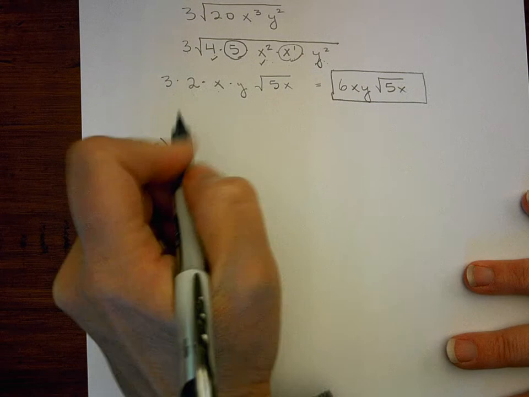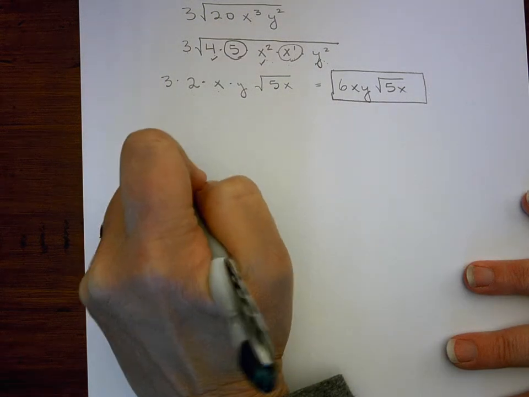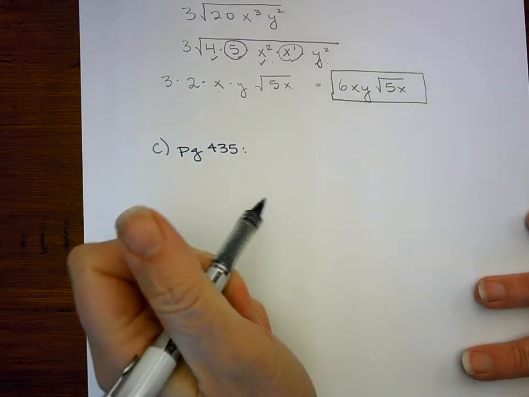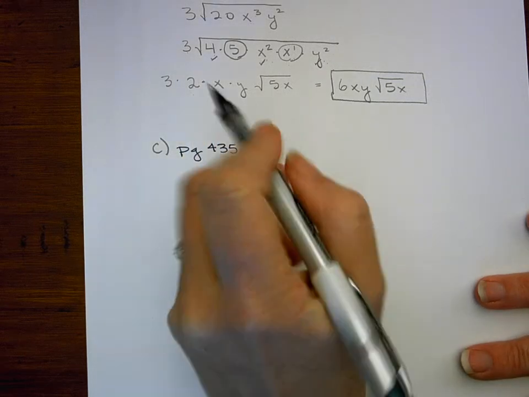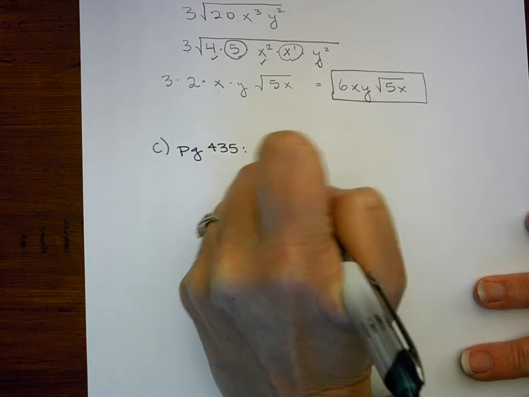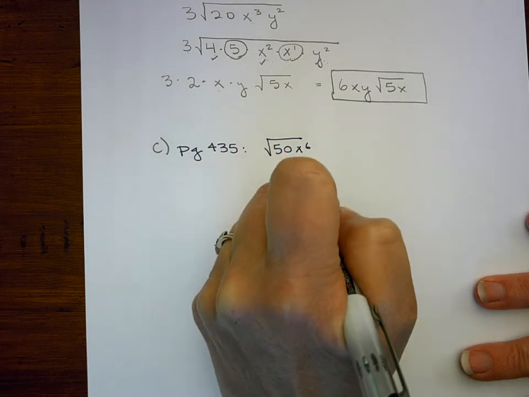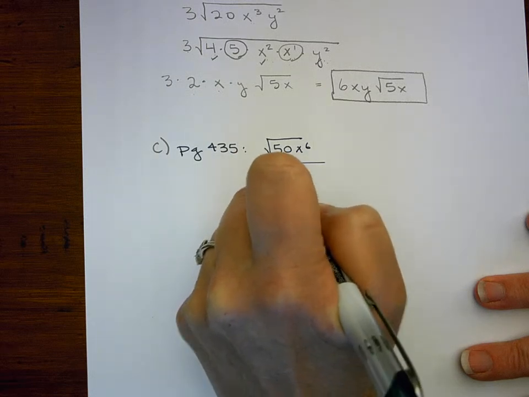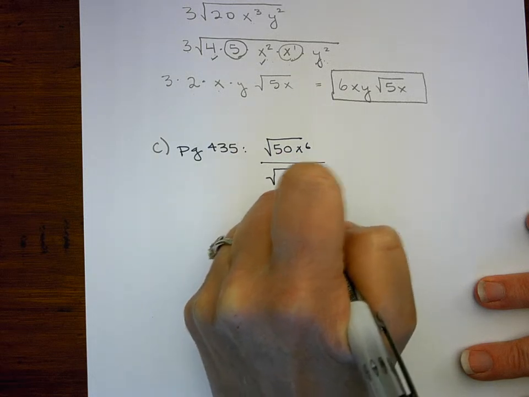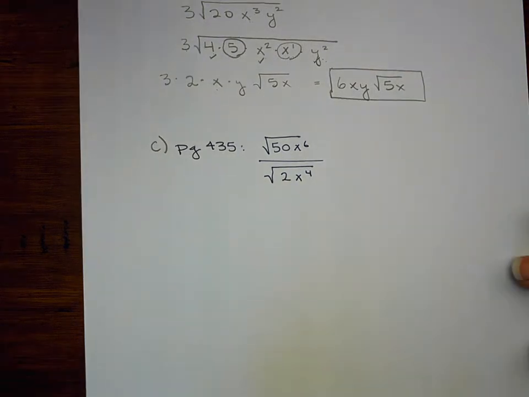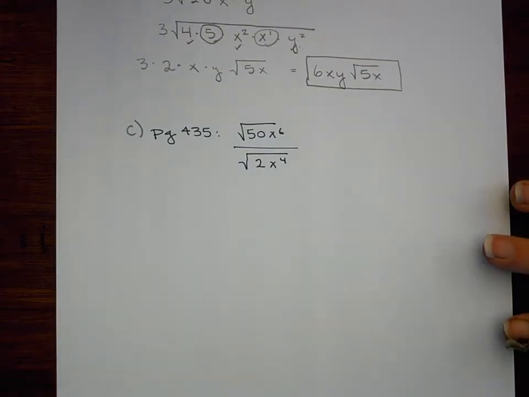So this is off of page 435, the example, problem 4a. Okay. So we're going to use, let me go back to the properties here real quick.